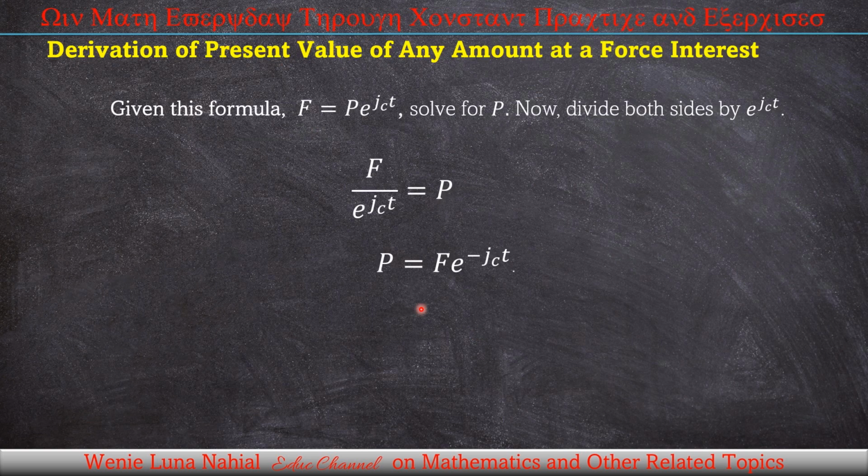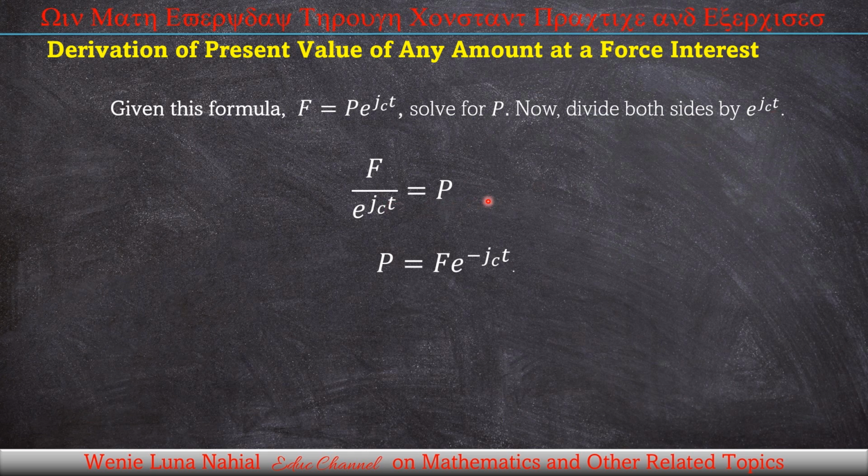Okay, let's have the derivation of the present value of any amount at a force of interest. So given the formula, this is the maturity value or final value formula. We have to solve for P. Now, divide both sides by e raised to j sub c times t.